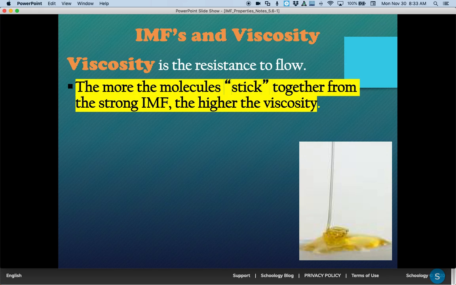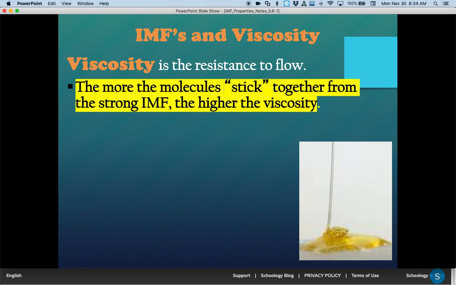We can think about something like molasses, which is always the typical example, but how many people know what molasses is? Think of something like maple syrup versus, if you've ever experienced it, oil.